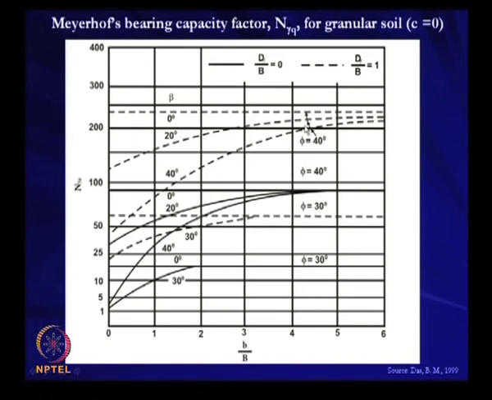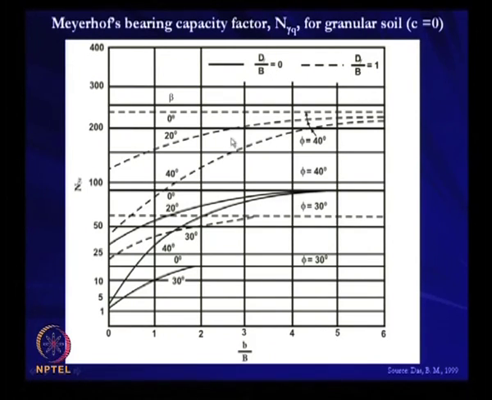Similarly, these charts are presented for two different phi values, phi equal to 30 degree and phi equal to 40 degree. The firm line represents DF by B equal to 0, that means the depth of foundation is 0, placed at the top of the slope.